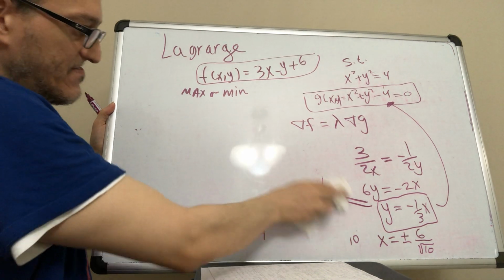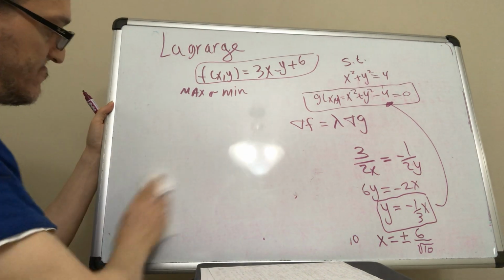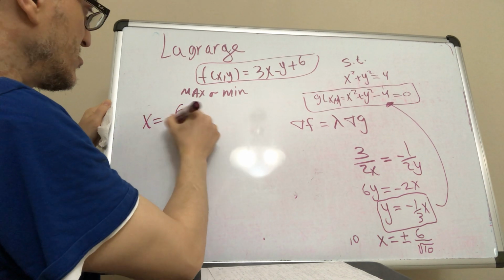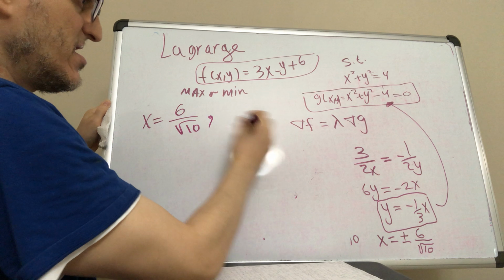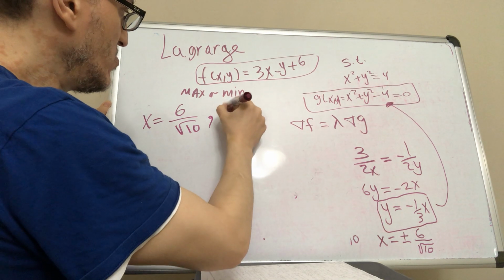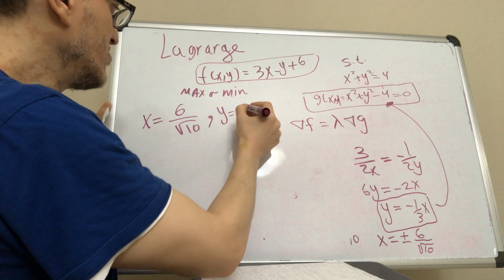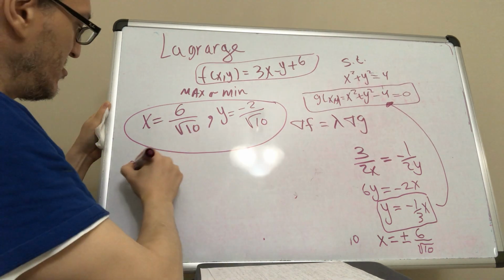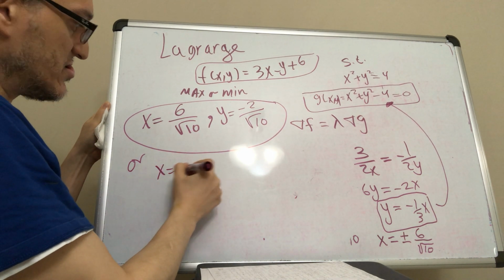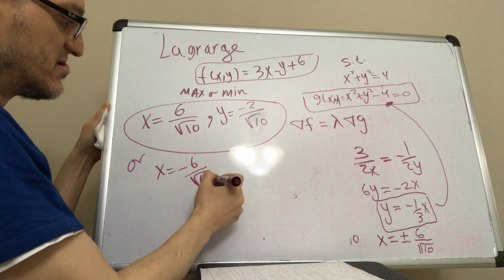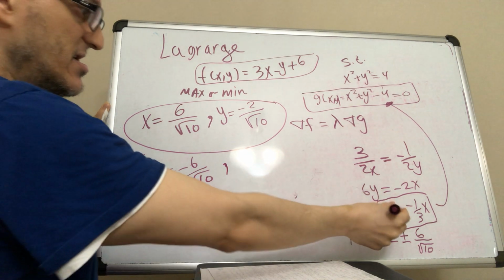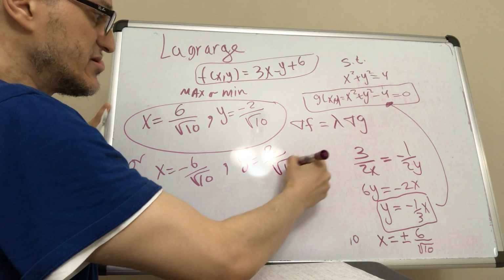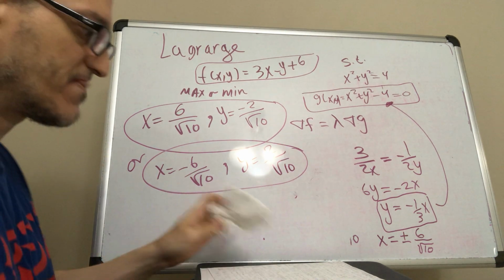So x is 6 over root 10, and plug it here to find y. y would be minus 2 over root 10, so that's the first point. Or x equals negative 6 over root 10, and from here, y would be positive 2 over root 10, that's the second point.